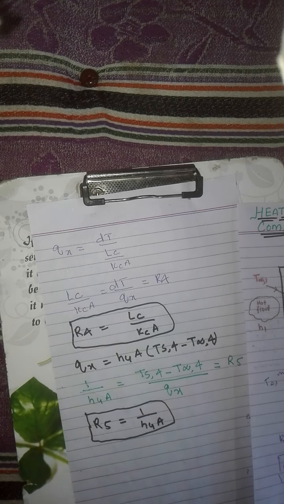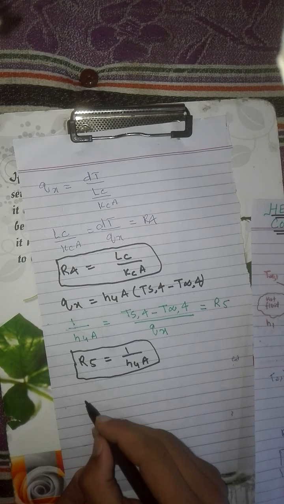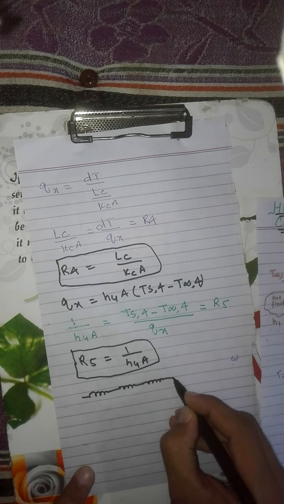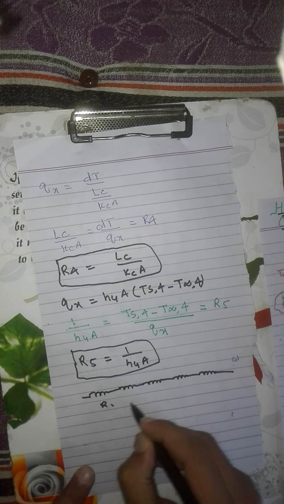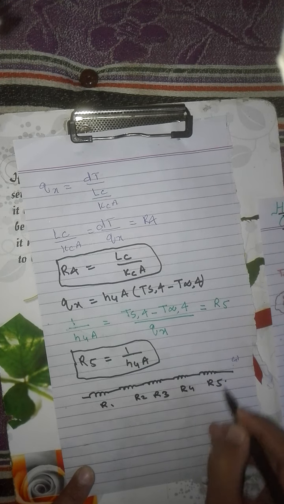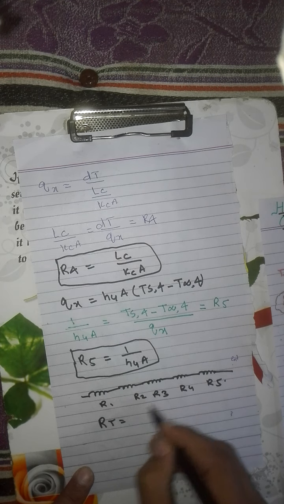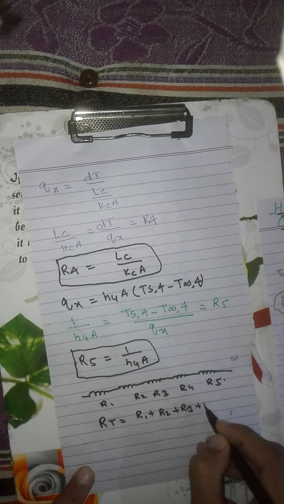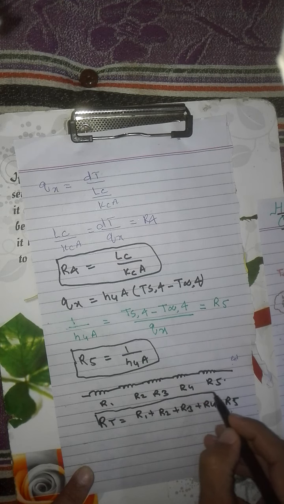When resistances are connected in series, suppose there are resistances R1, R2, R3, R4, R5, the overall resistance, the total resistance, is equal to the sum of all the resistances, R1, R2, R3, R4 plus R5.